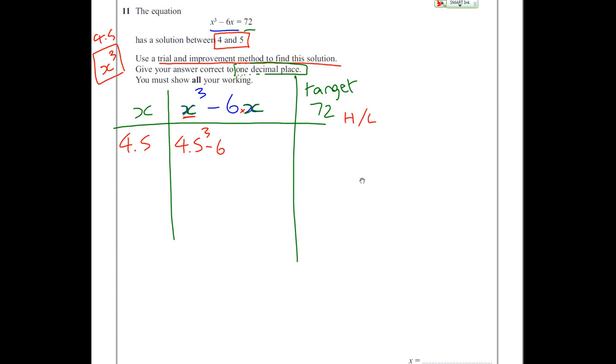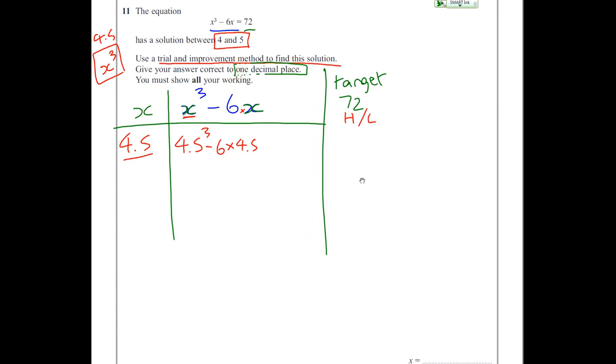Take away 6 times x again. Now remember, your x is 4.5. That gives you the answer of 64.125. We're aiming for 72, look, so it's too low.